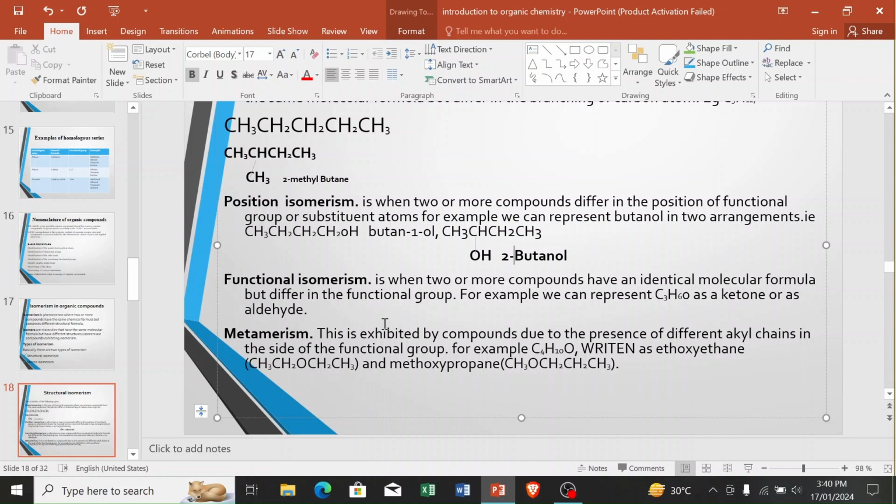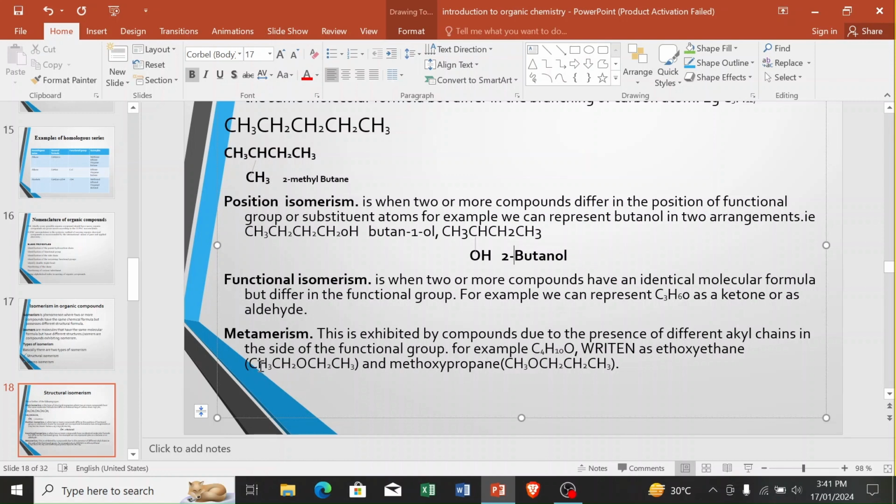Metamerism is exhibited by compounds due to the presence of different alkyl chains on the sides of the functional group. For example, we have C4H10O written as ethoxyethane and then methoxypropane. These are ethers, and ethers we name basing on the alkyl groups attached to the oxygen atom.